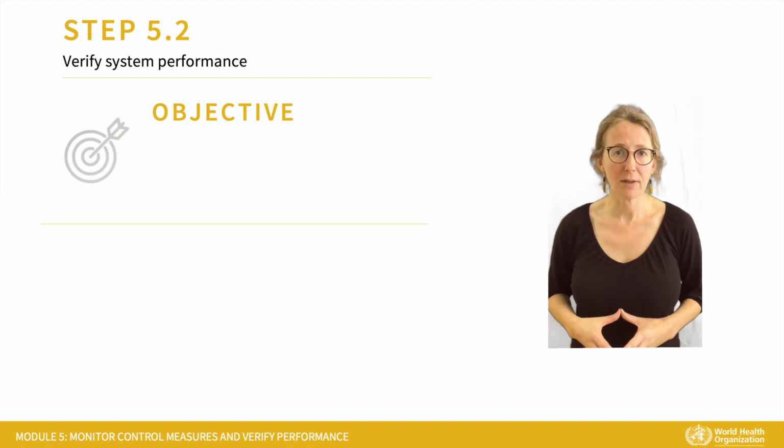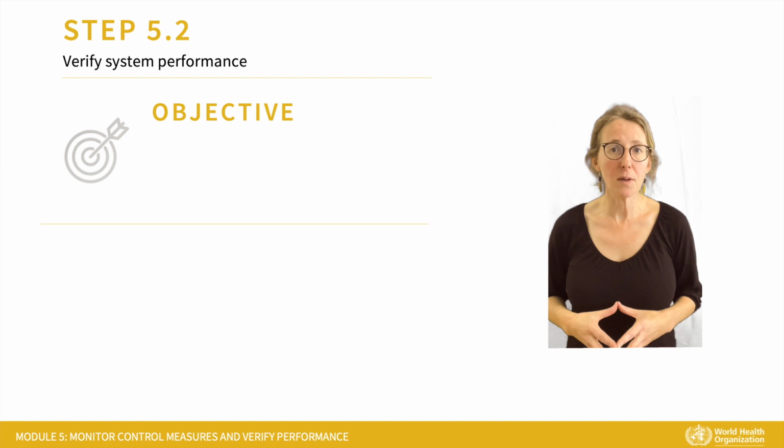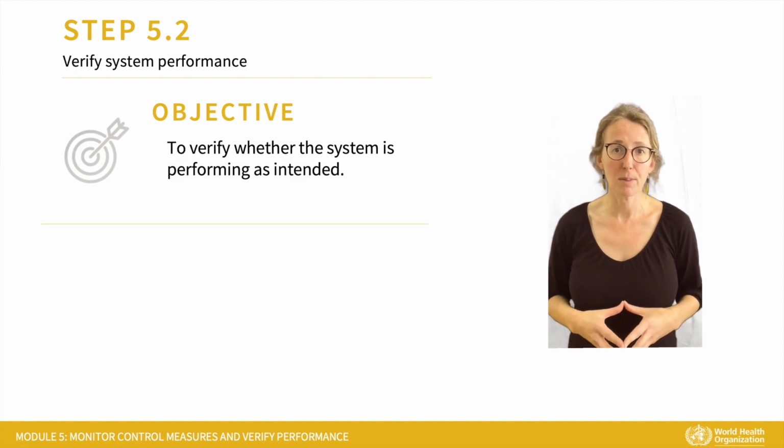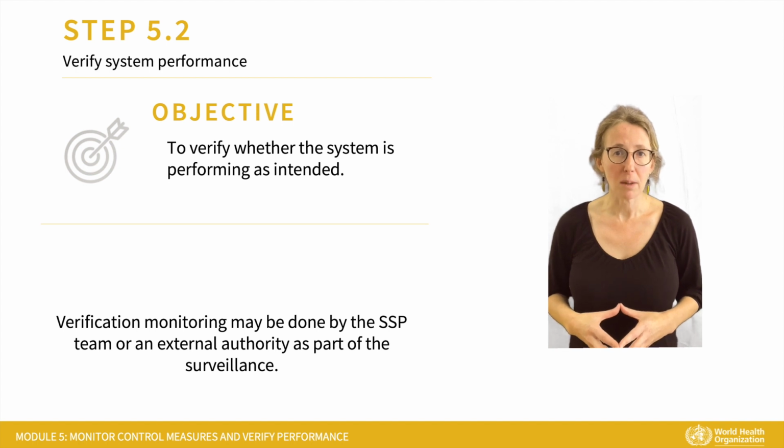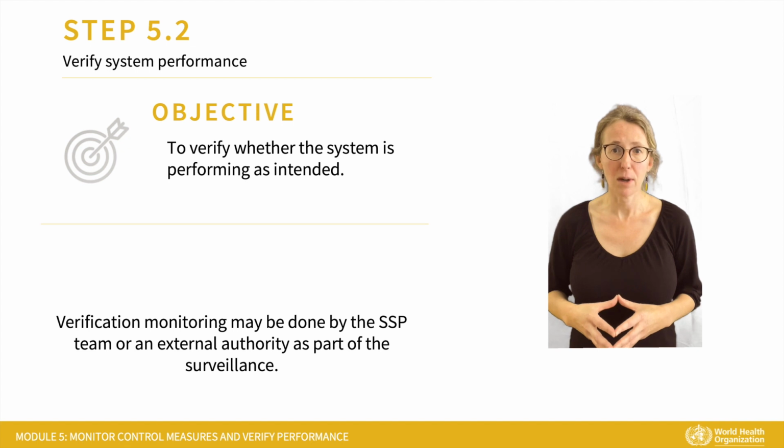Now, let's talk about verification of performance. Step 5.2 involves verifying whether the system is performing as intended. Verification monitoring may be done by the SSP team or an external authority as part of surveillance.